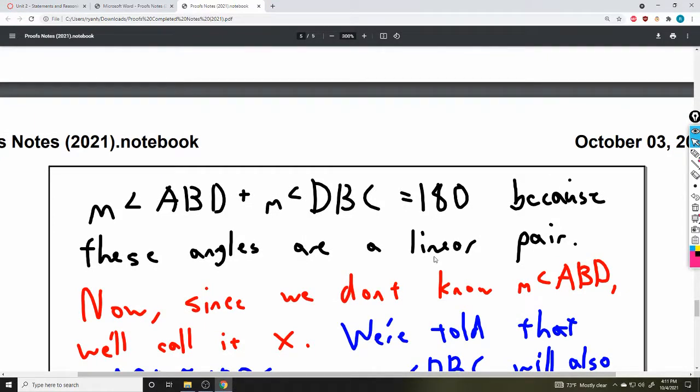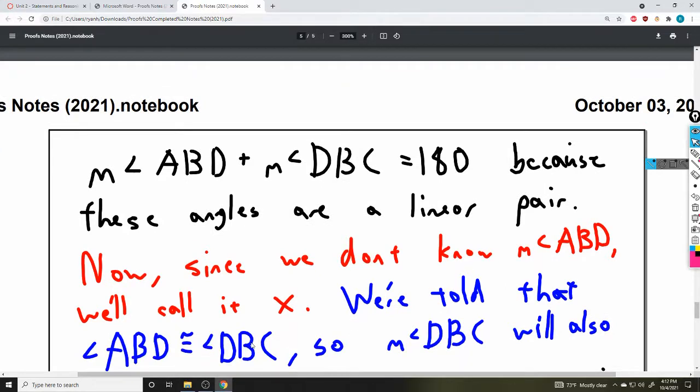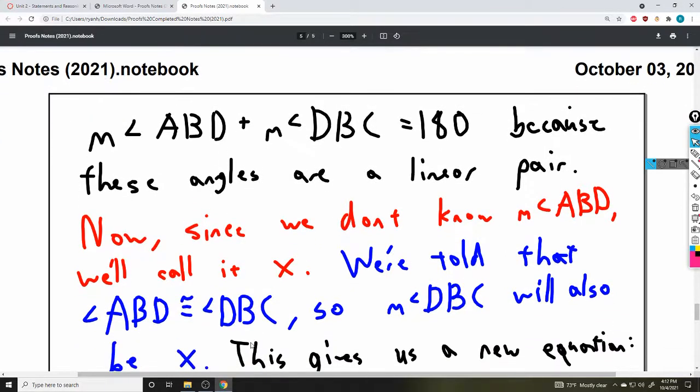That's what variables are for, to stand for things that we don't know. So since we don't know ABD, we'll call it X. But, since I know ABD is X, then DBC, which is equal to it, has to also be X. They have to be the same. That's what congruent means, is that they're measured the same. So if one is X, then the other is X.